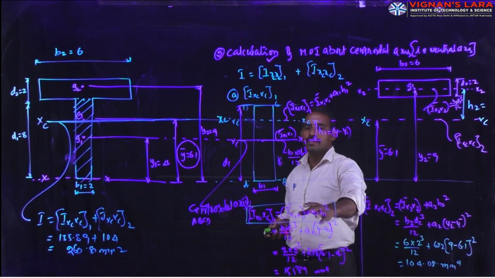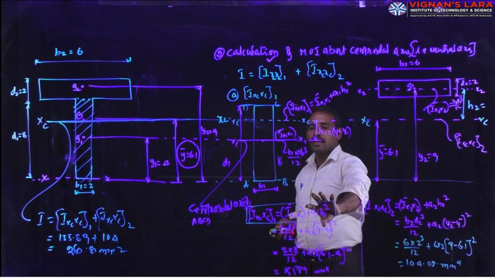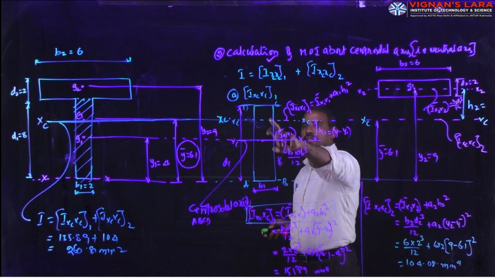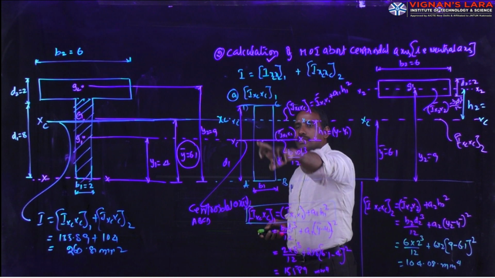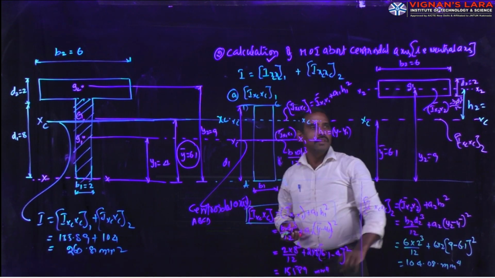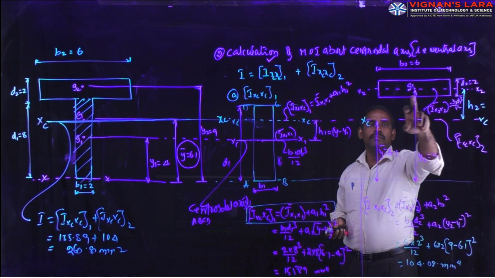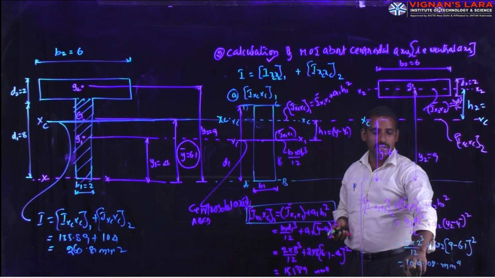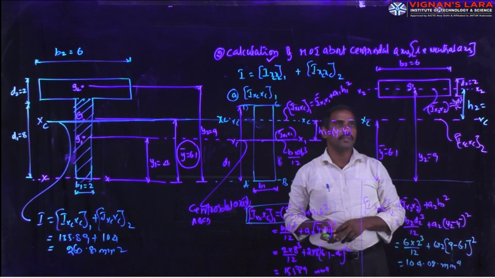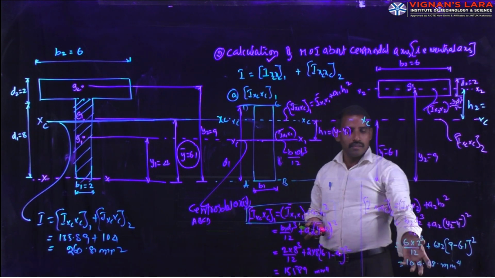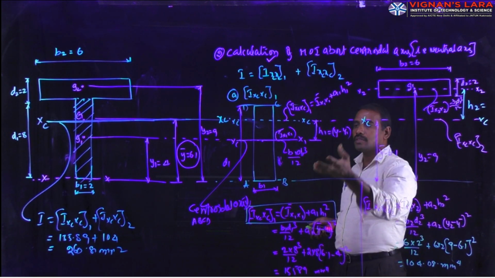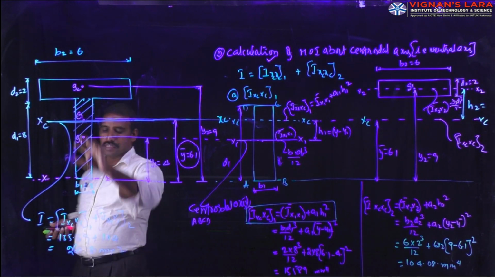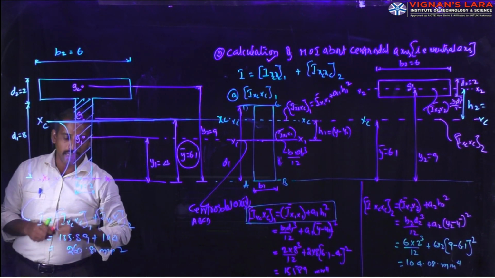So we use the parallel axis theorem, and by using it we calculated the moment of inertia of the first rectangle. The moment of inertia of the second rectangle by using the parallel axis theorem is equal to 104. So finally, the moment of inertia of the total area about the central axis of the T section is calculated.